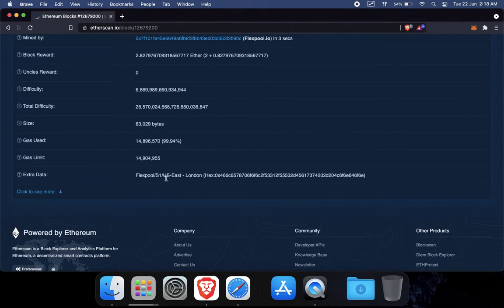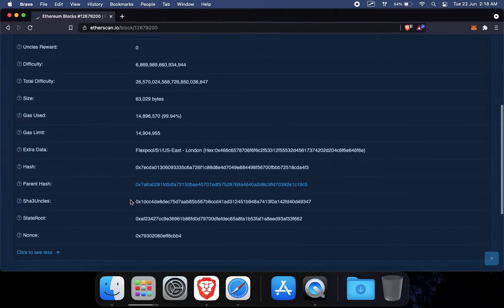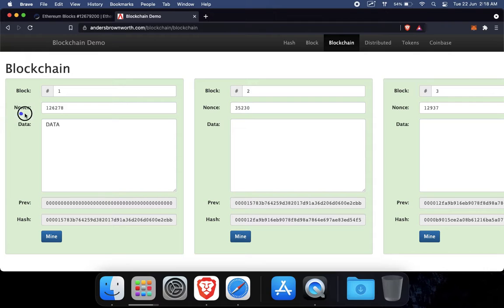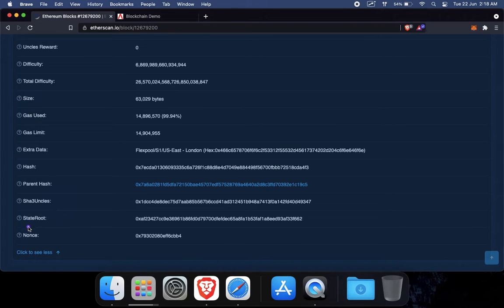Extra data, I'm not too familiar with this one. Hash, these are all to do with the SHA and so on. All of this hash and nonce, if you remember the blockchain demo that I showed you earlier, see the words here? Nonce, hash, right? This is based on Bitcoin, but essentially it follows the same understanding.